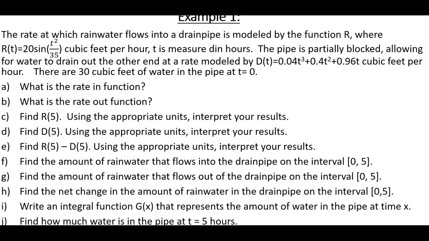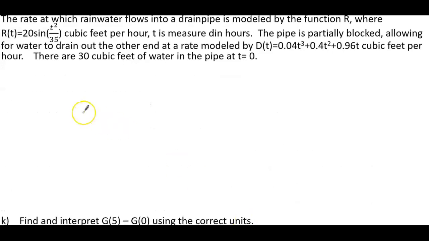The last one, let me scroll down to it. Okay, so find and interpret G of 5 minus G of 0 using the correct units. All right, well, we just found G of 5. G of 5 was 18.0391.